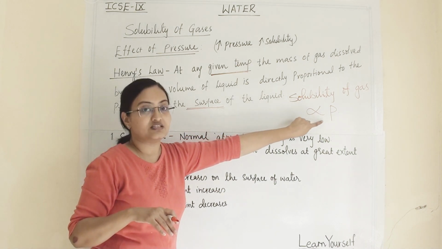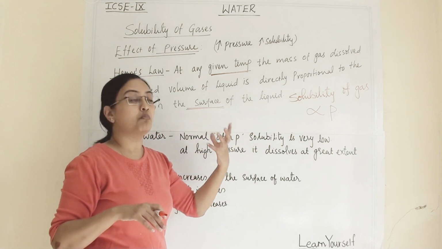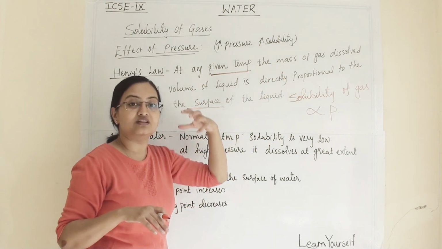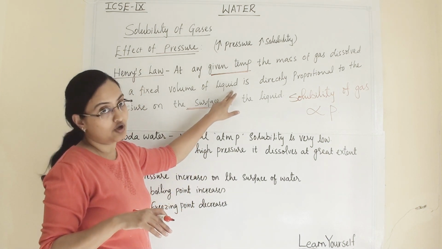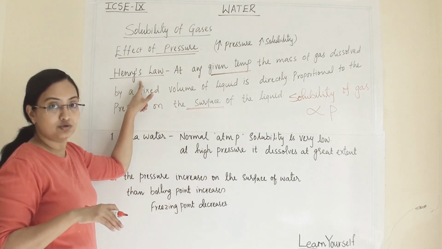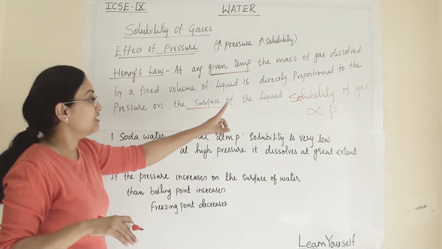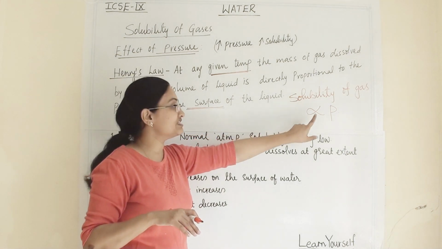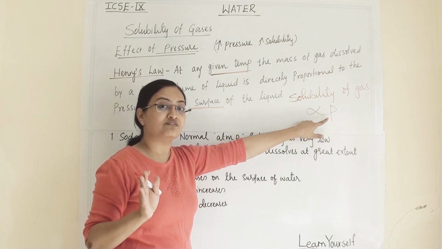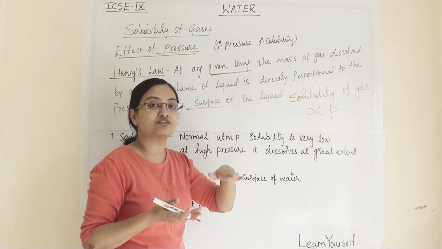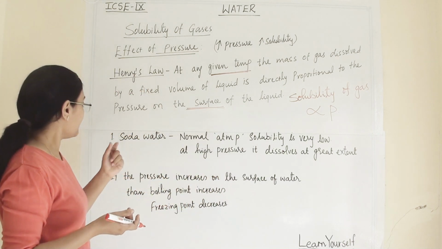As you increase the pressure, more and more mass of gas you can dissolve in a particular liquid or solvent. So this is Henry's law, which states that the solubility of a gas is directly proportional to the pressure applied on the surface of the liquid.